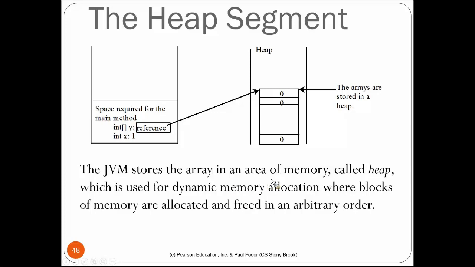It contains all the dynamically created objects using the new operator. In the case of arrays, we always use this new operator, new integer array or new double array of a number of elements. All of these are allocated in a location of memory, and the variable itself is a reference, or the pointer, or the address of that location in memory.